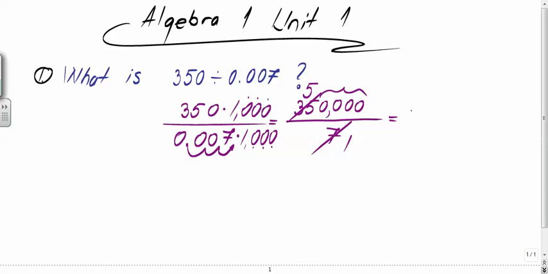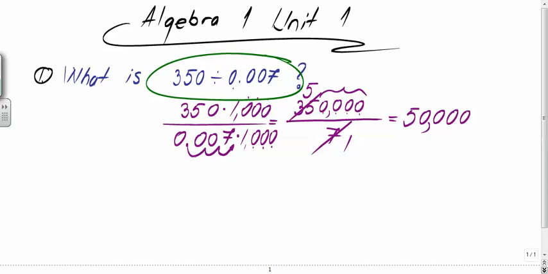And you have 5 followed by how many zeros? 1, 2, 3, 4 zeros. And that will be the answer. So the answer to our question, what is 350 divided by 0.007, is 50,000, okay?